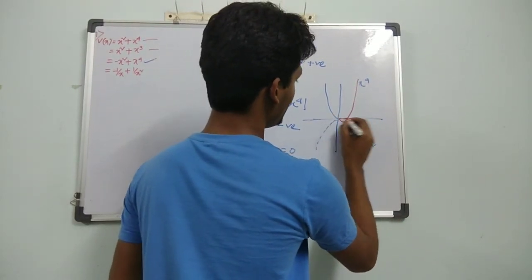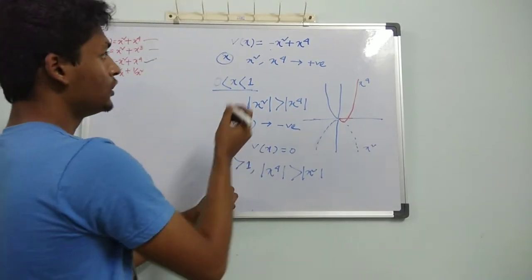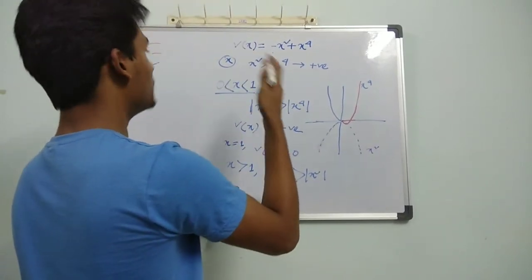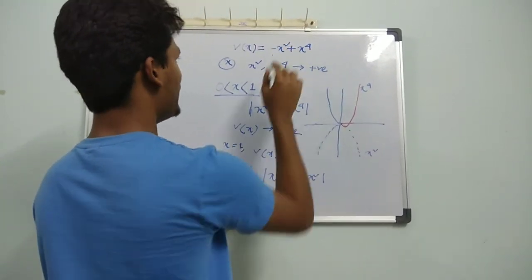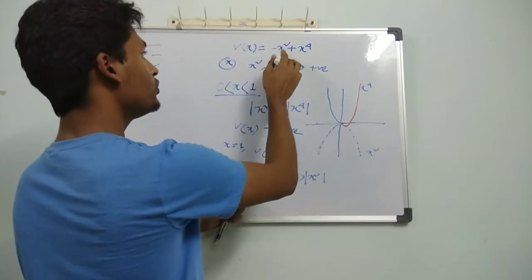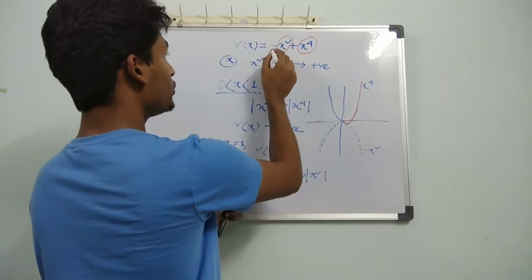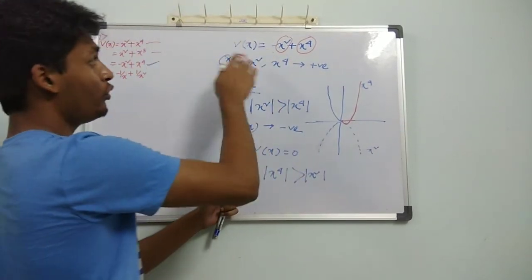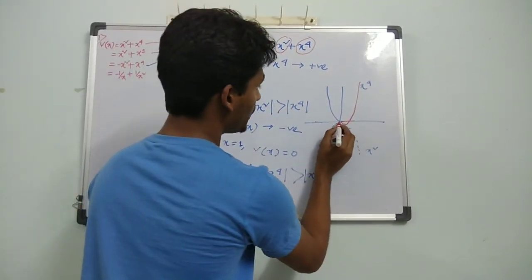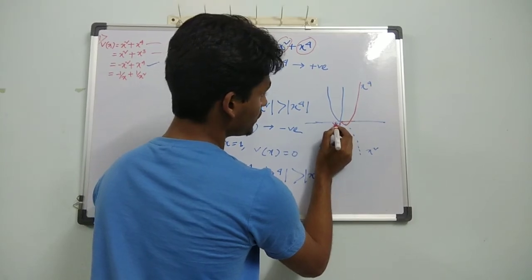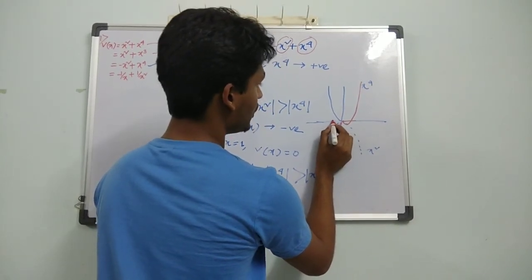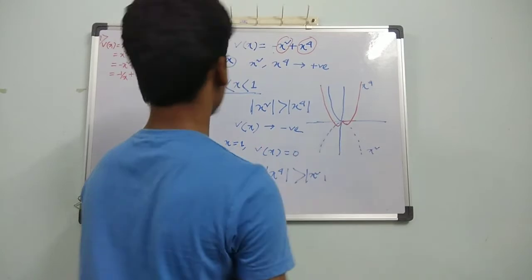And the same thing will happen for this side also, because if we take minus 1, whatever x is, a negative quantity, x square and x to the power 4 will still give you positive. But due to the minus sign before x square, the plot will dominate up to minus 1. The plot will be like this again, the same.